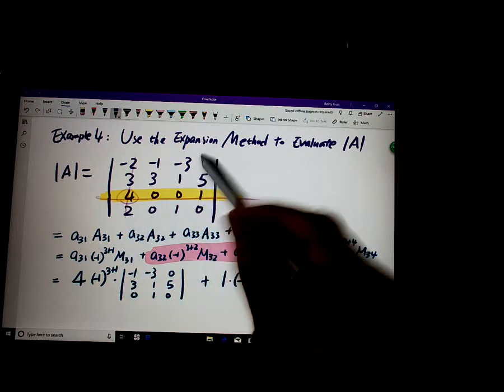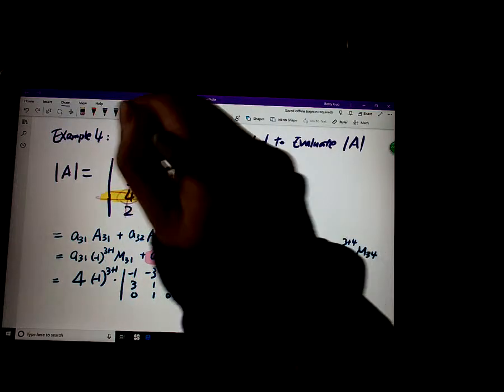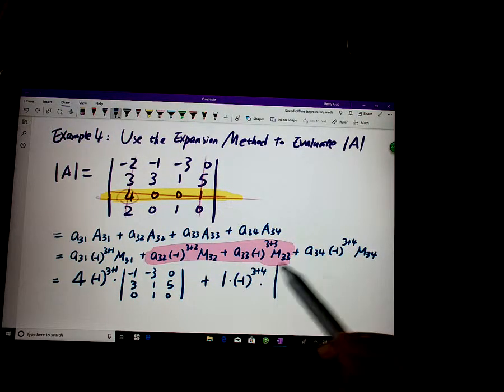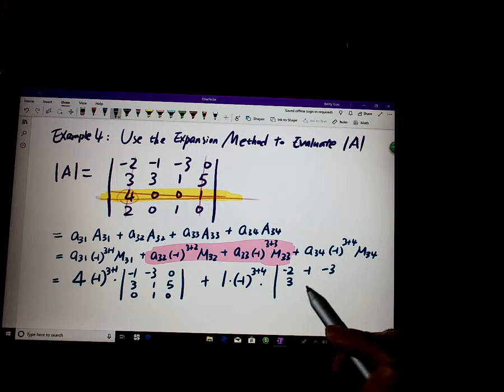The minor of 1: we cross out this row, this column. The rest of the entries give us a 3 by 3 determinant: -2, -1, -3, 3, 3, 1, 2, 0, 1. Be very careful, because even if you mess up just one number, everything would be different.